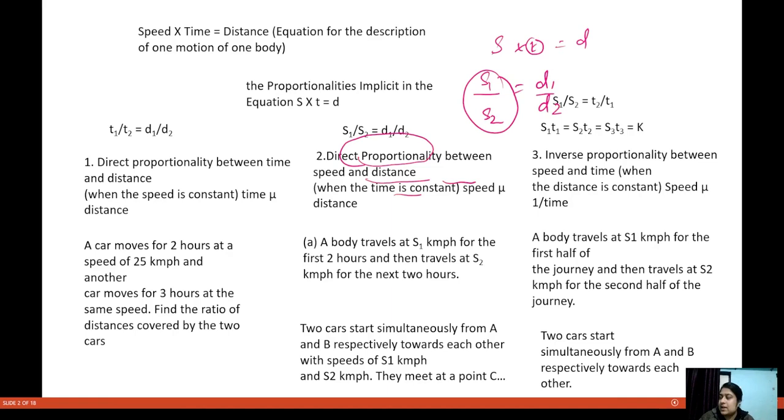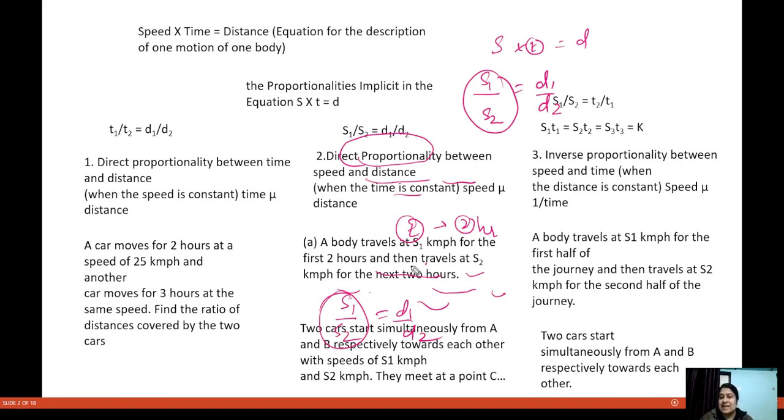So for example, a statement like this is given: a body travels S1 kilometer for the first 2 hours and then travels S2 kilometers for the next 2 hours. Okay. Now your time is constant, 2 hours only. Now S1 kilometer it is traveling for the first 2 hours, and S2 kilometer it is traveling for the next 2 hours. So your ratio of distance will be given by S1 and S2 only.